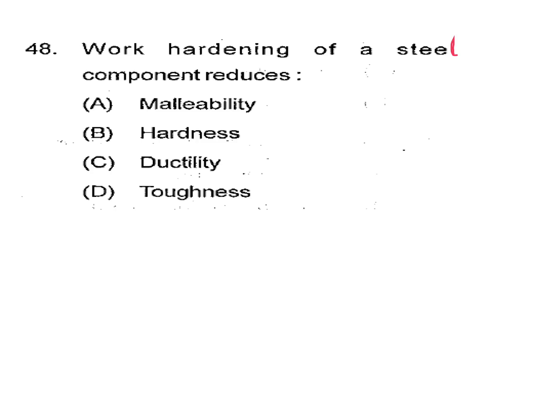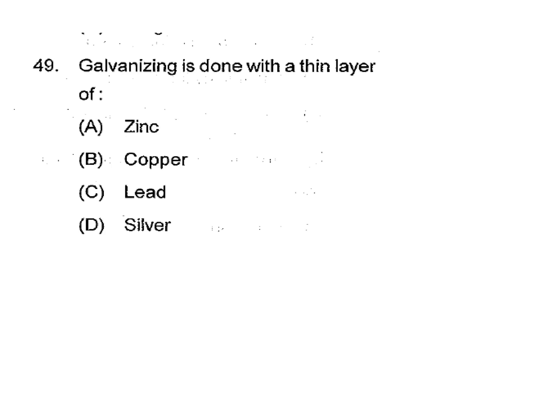Work hardening of a steel component reduces its ductility. Already explained in that video. You can check it. Galvanizing is done with a thin layer of zinc coating that we give in galvanizing. So the answer is A.